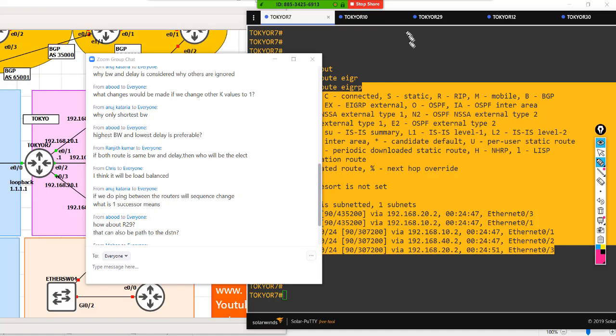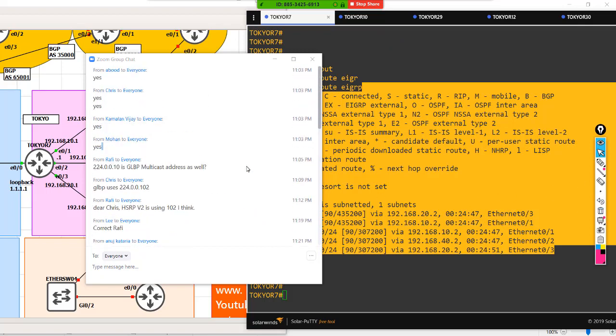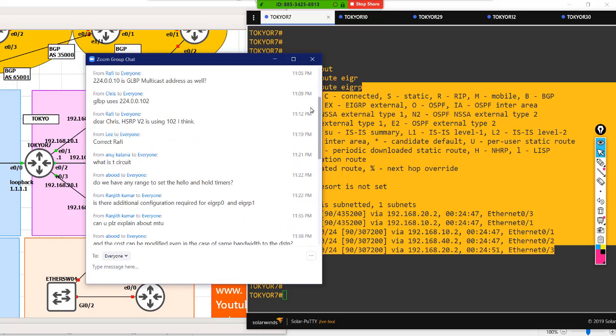Okay, so in case of multicast, it's your HSRP which had dot 2, and HSRP version 2 and GLBP had dot 102.